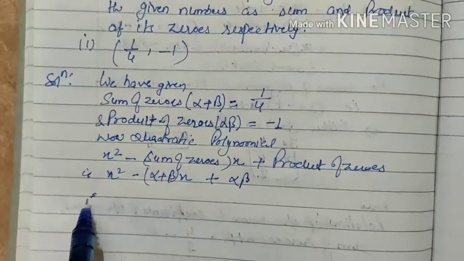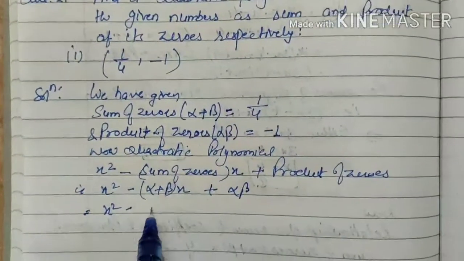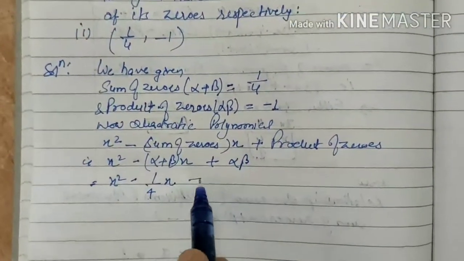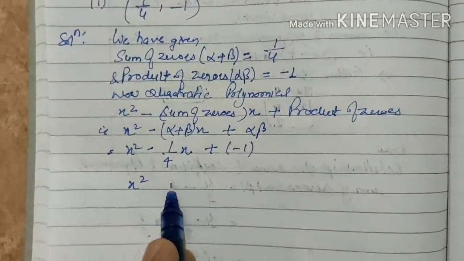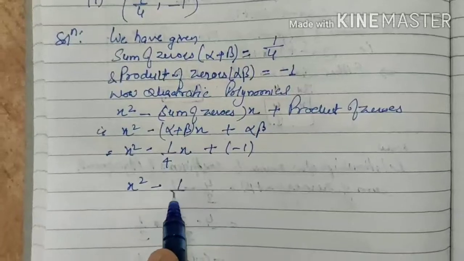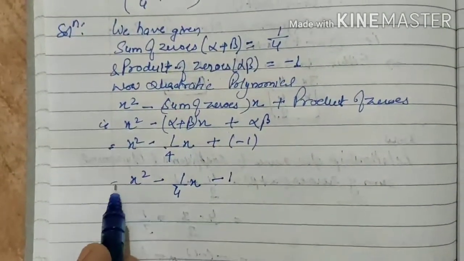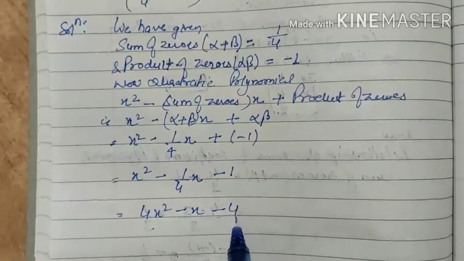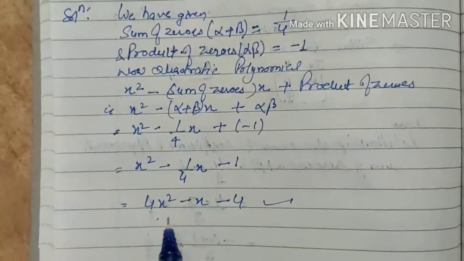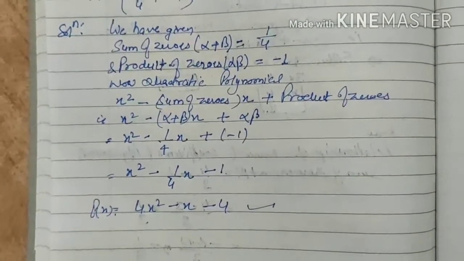So x square minus, alpha plus beta we have as 1 by 4, so write it as 1 by 4 of x, plus alpha beta as minus 1, so minus 1. In the next step we can write it as 1 by 4 of x, plus minus becomes minus 1. Now take LCM. The polynomial will be 4x square minus x minus 4. So this is the required polynomial p(x).